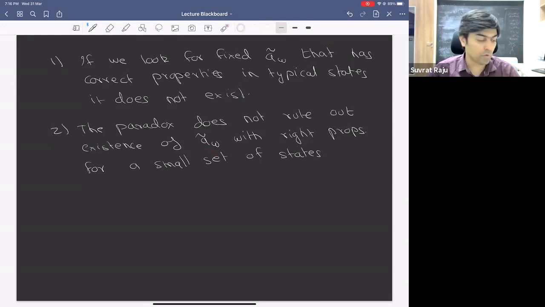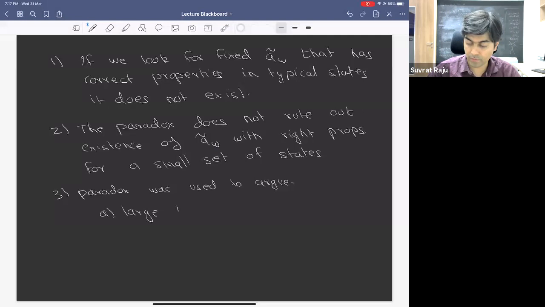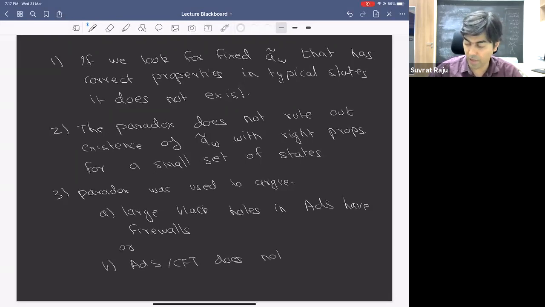And what this paradox was used to argue for historically was used to argue that either large black holes in AdS have firewalls, or at least AdS CFT, or the boundary theory, does not describe the interior of such black holes.